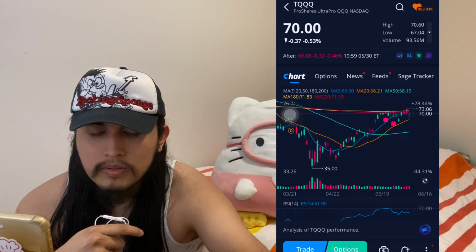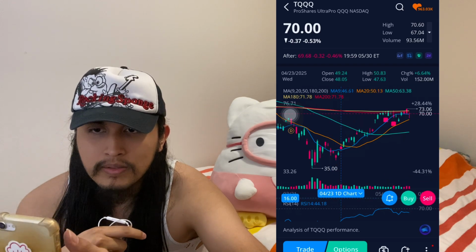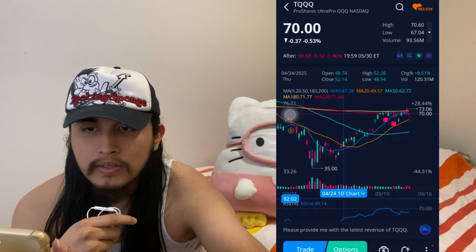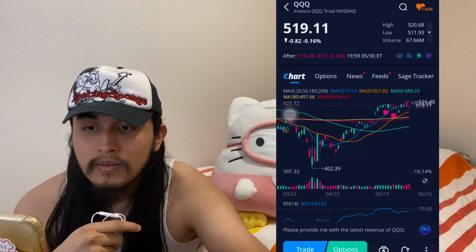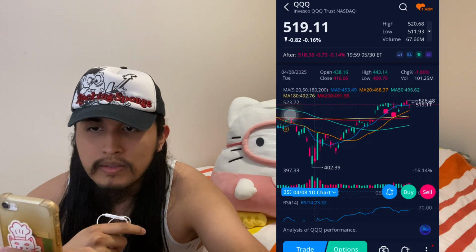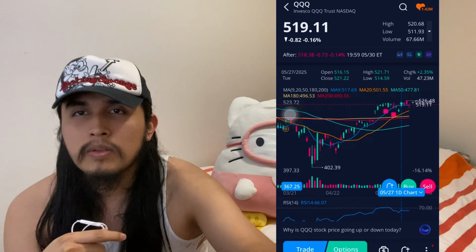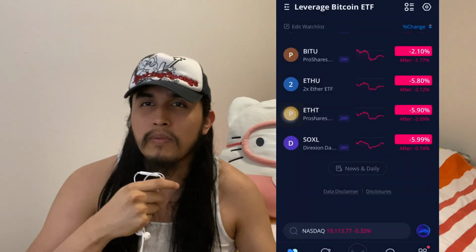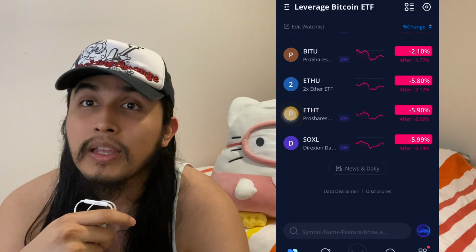TQQQ was at one point in the 30-40 range, now it's in the 60-70 range. And then QQQ at one point was in the 400 range, now it's in the 500 range. So I feel like what most people could do is, if you don't feel comfortable trading options, you could also trade leveraged ETFs.